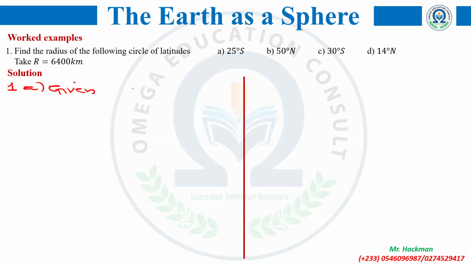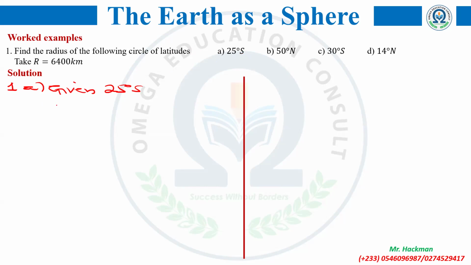Your latitude is 25 degrees south. You know latitudes are measured relative to the South and the North Pole. So whenever you see south or north, you know that we are dealing with latitude. Even if I didn't say circle of latitude, you should know that we are dealing with latitude, because of the direction of measurement.